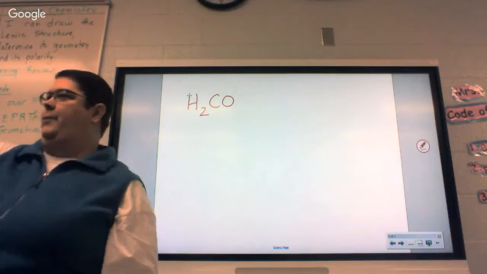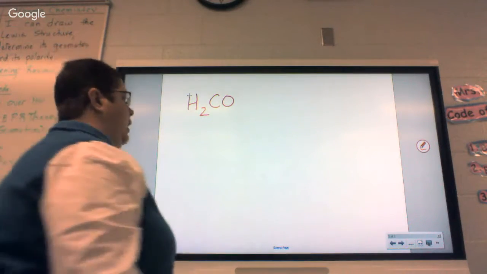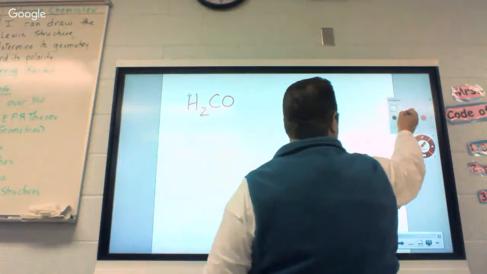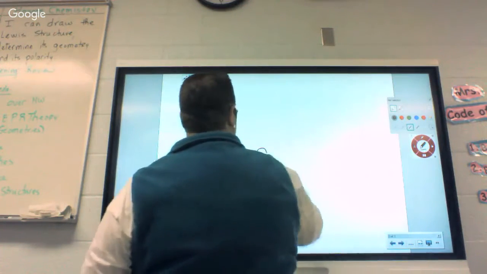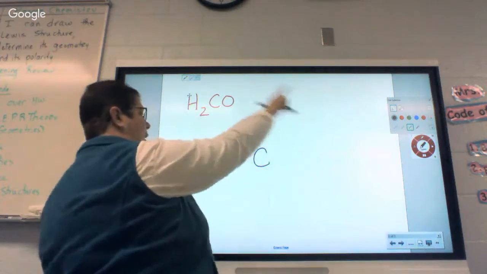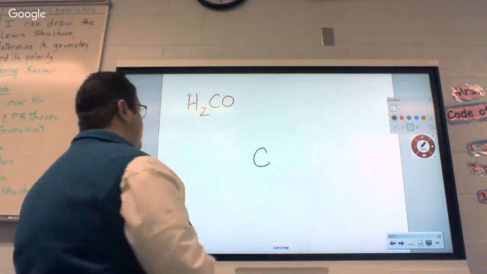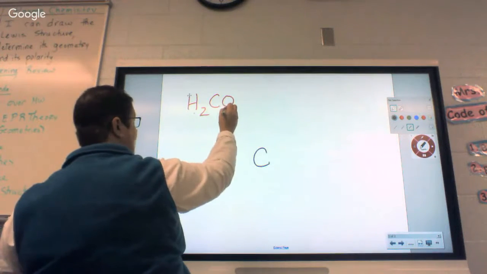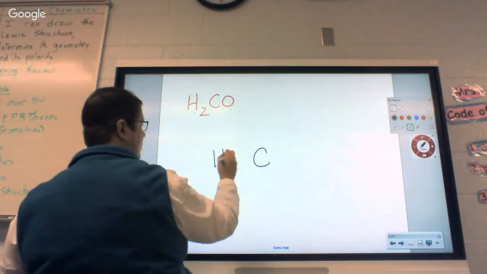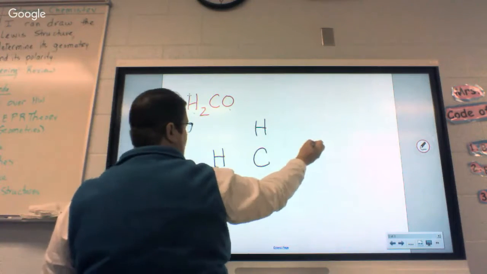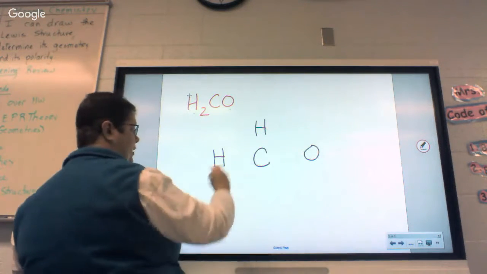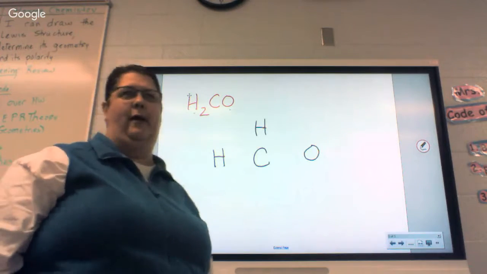Who's farthest left on the table? Carbon. All right, so if I put C in the middle, I'm going to put what around the C? All right, so I got two H's and I have an oxygen. So an H here, an H here, and an O. It doesn't matter what goes on what side of the C, just somewhere around the C.